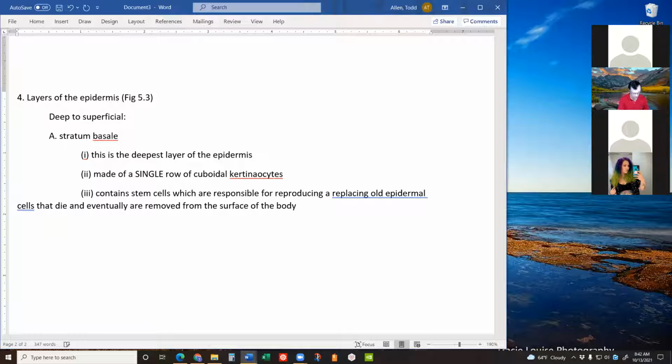So the stratum basale is the deepest layer. Next, we have the stratum spinosum. The stratum spinosum is made of typically 8 to 10 rows of cells. These cells are still metabolically active, but their metabolism is slowing down, okay?